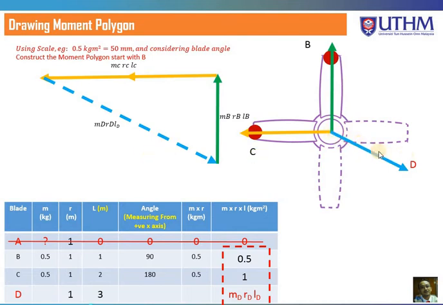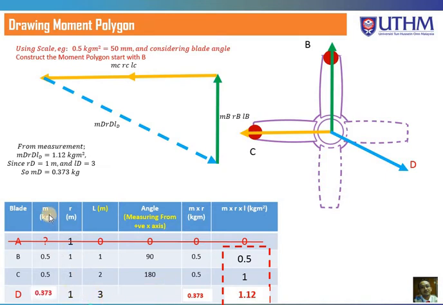This is the new angle direction of blade D. By measuring the length of the line of moment D, you will have the magnitude of 1.112 kgm squared, and then you can reveal that MR is 0.373, since L is equal to 3 meter.